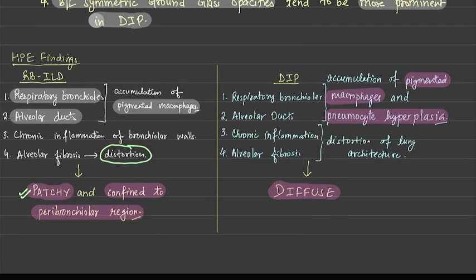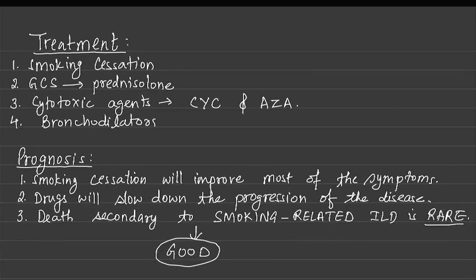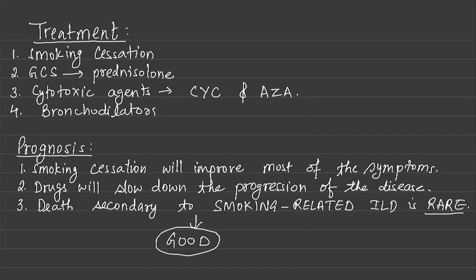Now, what is the treatment part? See, most of the symptoms will be gone if you are able to quit smoking. As far as pharmacotherapy is concerned, glucocorticoids are the first choice, and if they fail, we can give cytotoxic agents like cyclophosphamide and azathioprine.